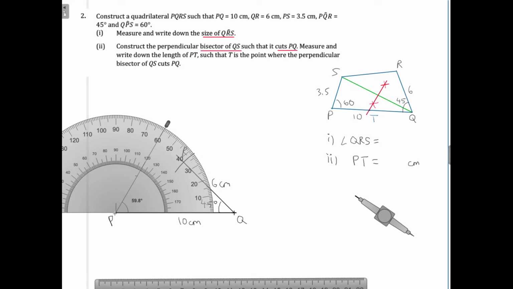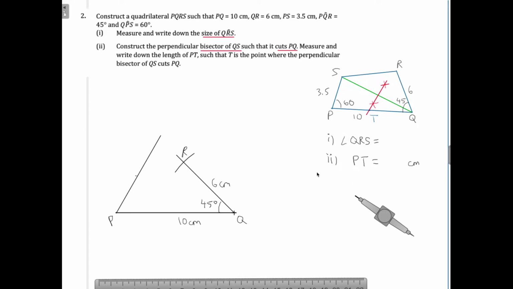Draw the line for 60 degrees. And the side here is 3.5 cm.